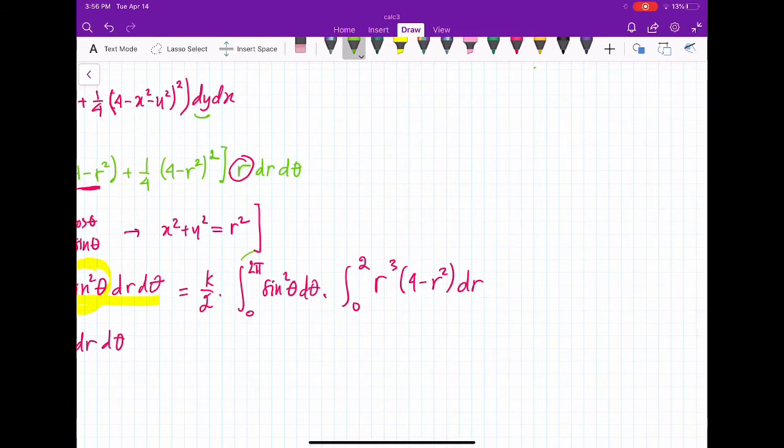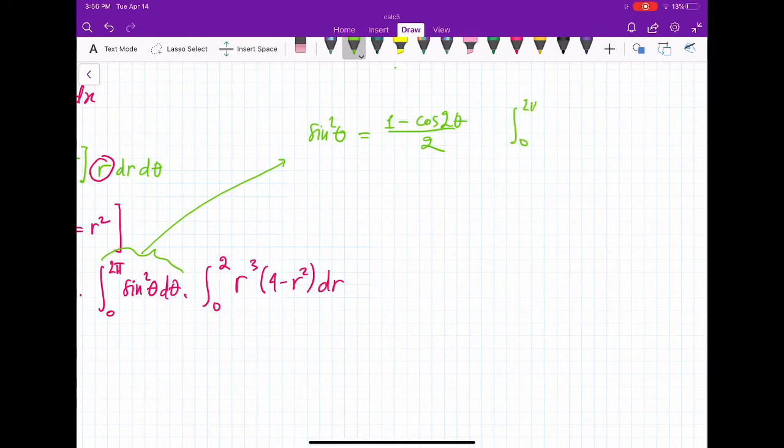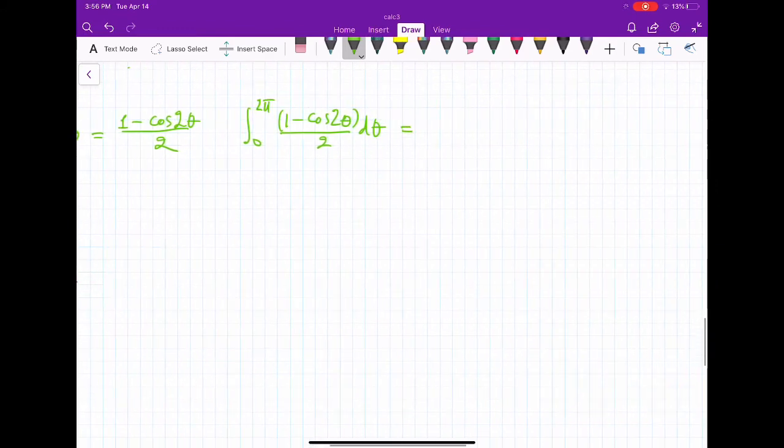For the first integral right here, I need to use the double angle formula, because I know that sine squared of theta is 1 minus cosine 2 theta over 2, right? So the integral from 0 to 2 pi of 1 minus cosine 2 theta over 2 d theta. And then this is the integral from 0 to 2 pi of 1/2 d theta minus the integral from 0 to 2 pi of cosine of 2 theta over 2 d theta.